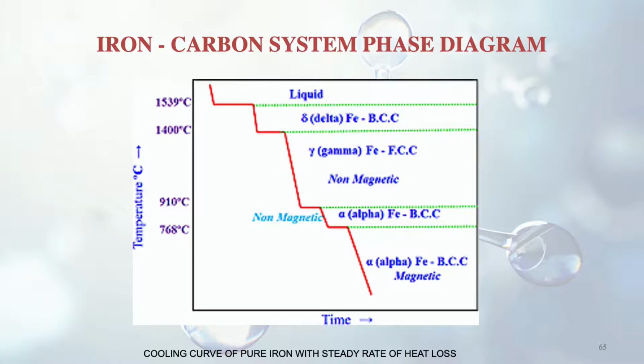Like, for example, if you keep hot water in a steel vessel, it takes a certain time for its temperature to come down. Here it is also the same case, and then it comes down, but always in a linear manner. All of these are straight lines, so it's a linear curve.